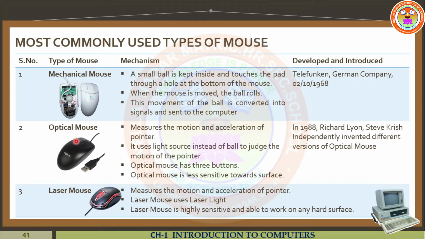These are the mechanisms of the mechanical, optical, and laser mouse. I just give the points. You just go through it, and also get some information about the history of each mouse, who invented it and in which year.